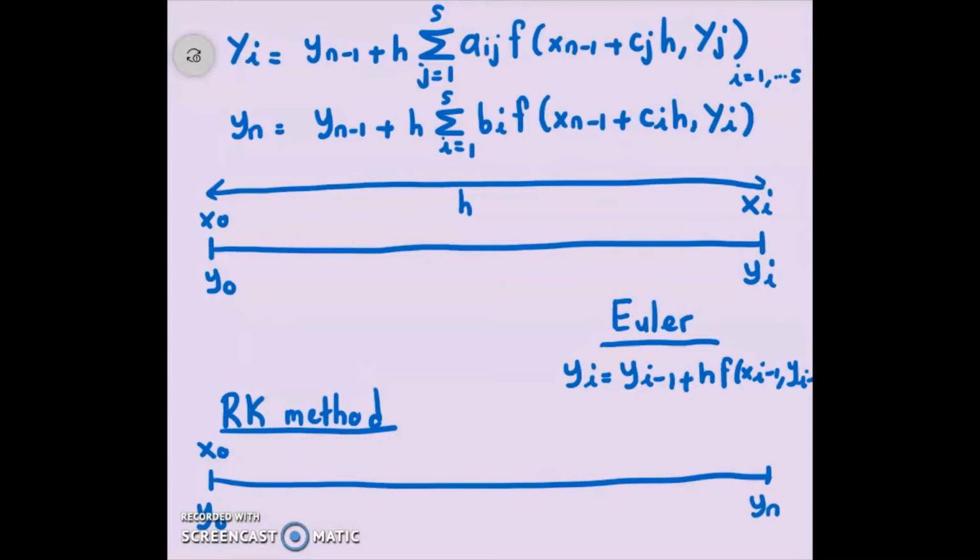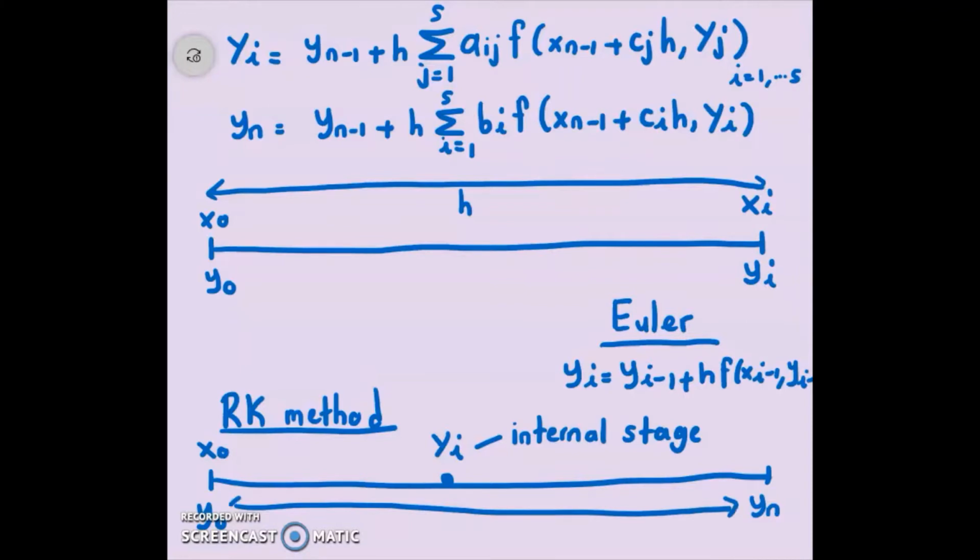In between you have to find Y_i, which I know as the internal stage value, the internal stages. This is my big Y. Stage here refers to the s here, so it depends on your method how many stages the method has. That's what your Y will represent. And then you have, similarly, your step size h.